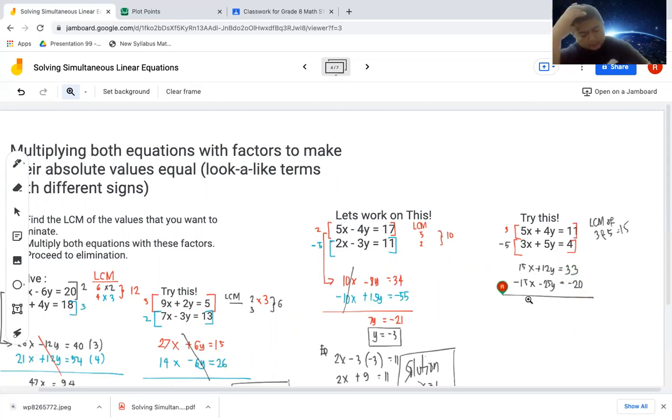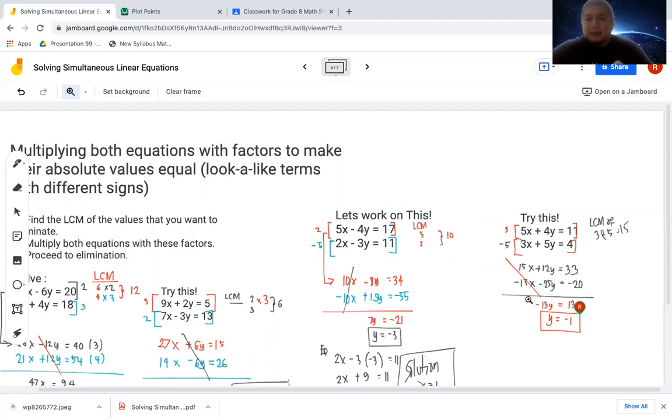All right, so let's eliminate the 15x. So this is going to give you an answer of negative 13y is equivalent to 33 minus 20, which is 13. So eventually this is going to give you y is equivalent to negative 1. As simple as that.